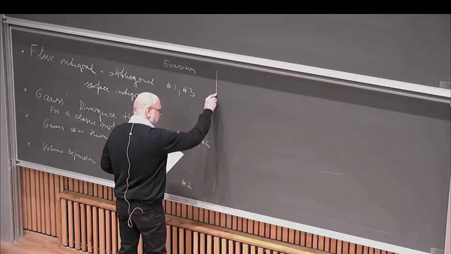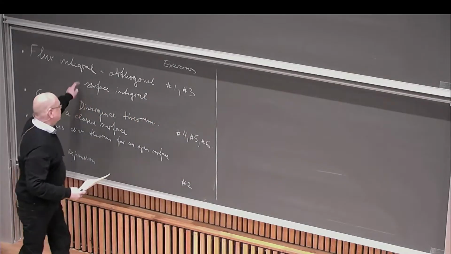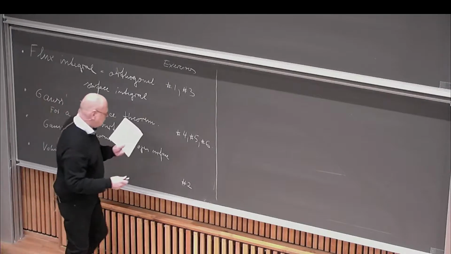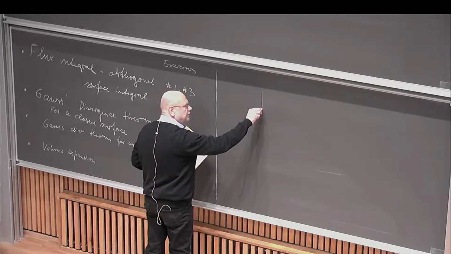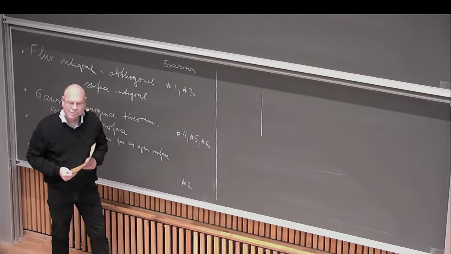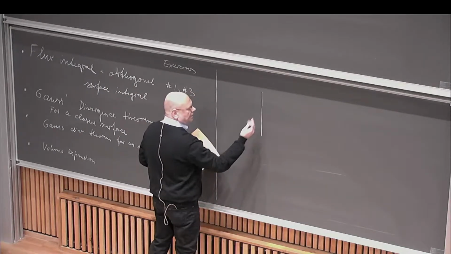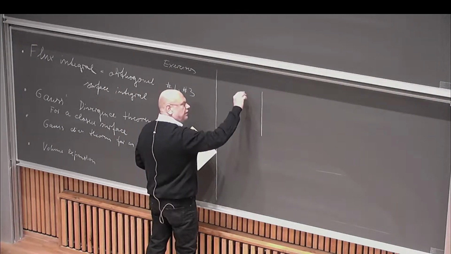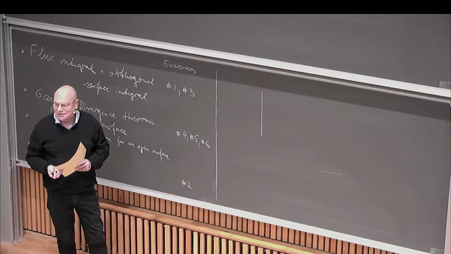Now, let's try to motivate this flux integral. Let's say we have a window. We have a window here. We are looking at the window from the side. And then you have a vector field. Typically, it will be sun rays.